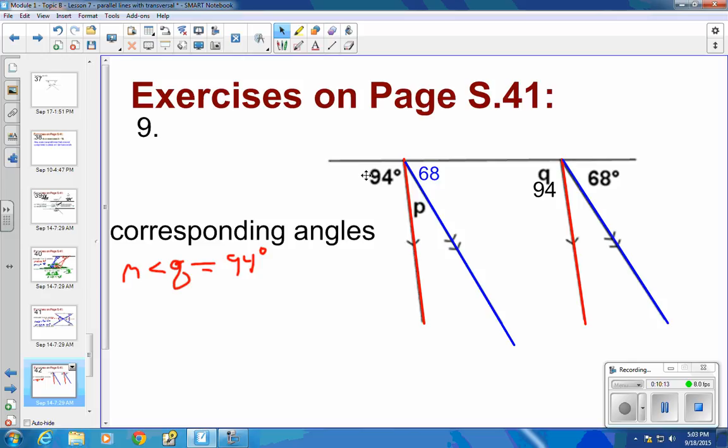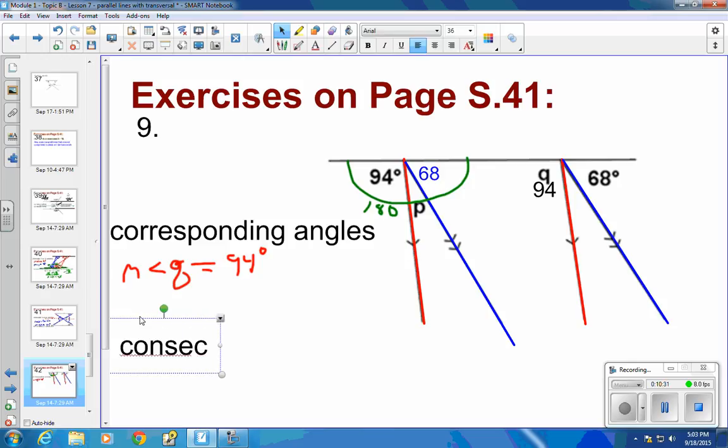So I've got this angle 94, this P, and the 68. And if you look, this forms a line. So from here all the way around to there, they should all add up to 180 degrees. So we say that we have consecutive, one after another, adjacent angles.